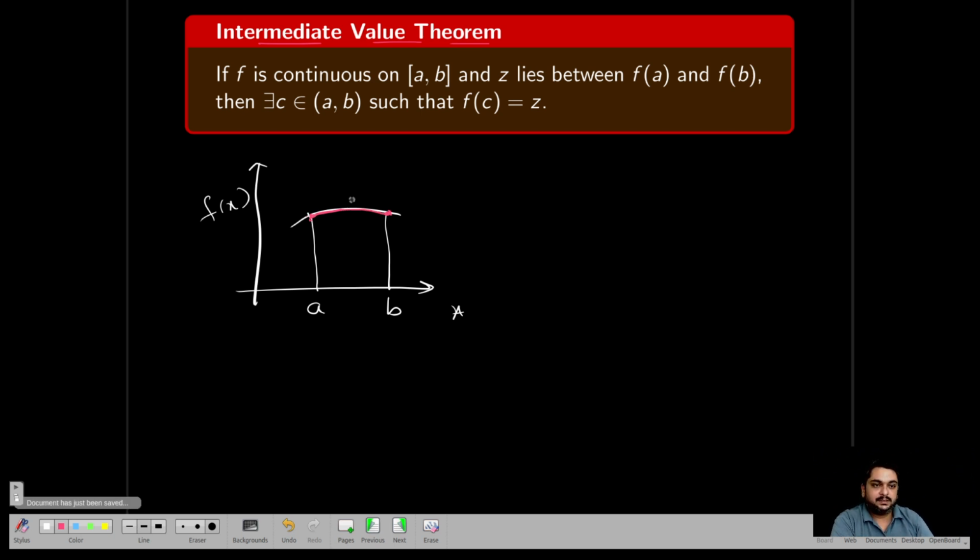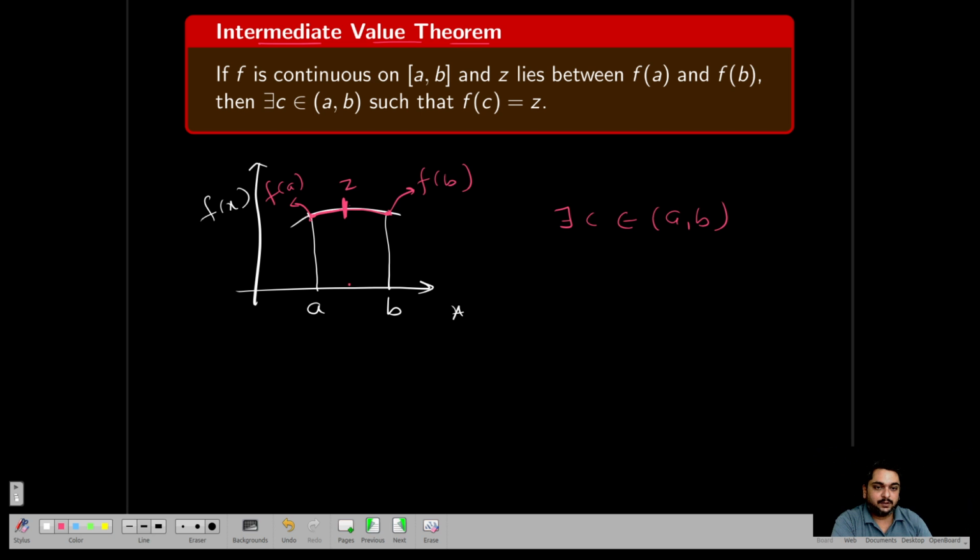Then z lies between f of a and f of b. This point is f of a. This is the function value at b, that is f of b. Then z lies between f of a and f of b. Then there exists a value c that belongs to a comma b, the open interval.